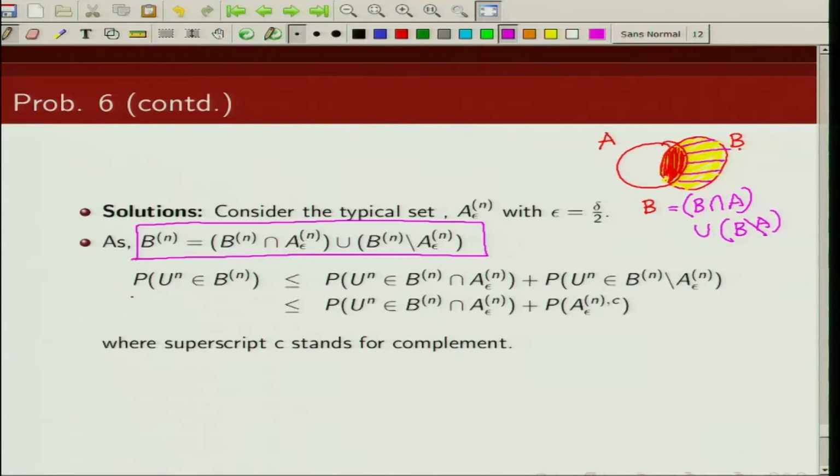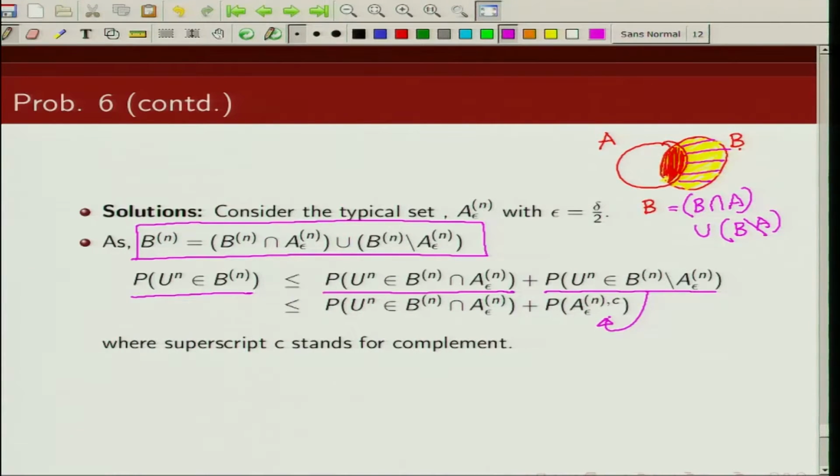So the probability that u^n belongs to B^n can then be written as the probability that u^n belongs to the intersection of B^n and this typical set, plus the probability that u^n belongs to B^n minus the typical set. So this is nothing but the complement of the typical set.